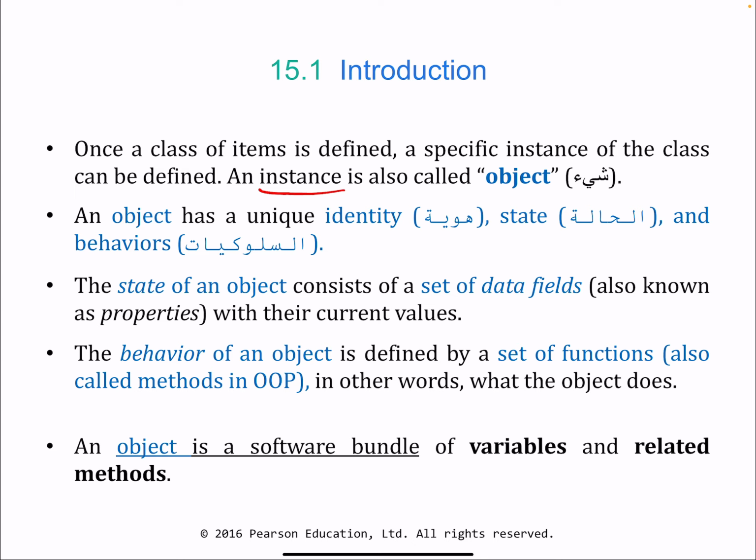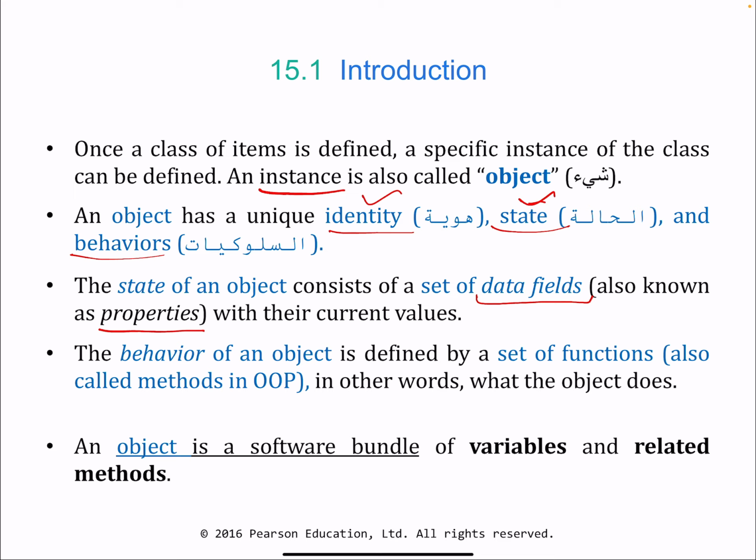Each object of the same class has its own unique identity, state, and behaviors. Well, behaviors are actually not that unique, but identity and state definitely. The state of an object is basically the set of values of its data fields, or its member variables, the variables inside that object. Sometimes they're also referred to as properties.